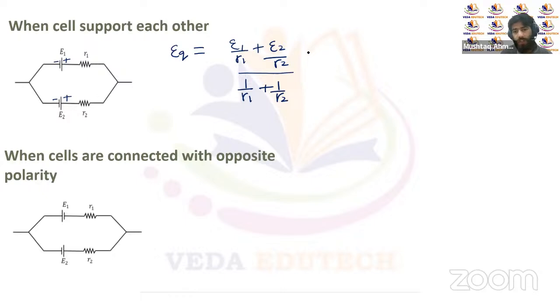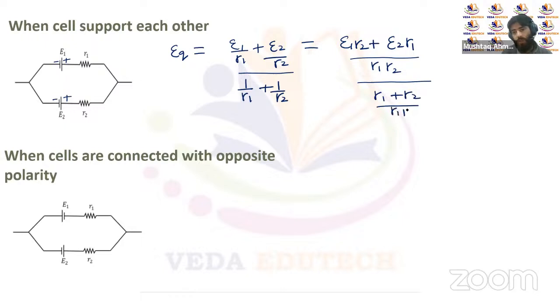So we can just rearrange it. It will be E1 times R2 plus E2 times R1 upon R1 R2, and similarly, it will be R1 plus R2 upon R1 multiplied by R2.